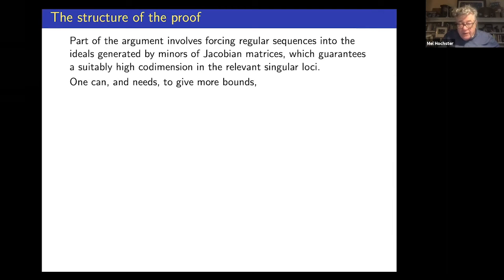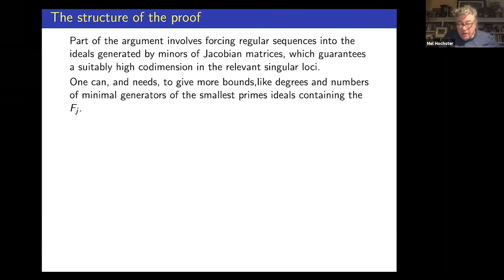And you can and need to give more bounds, like the degrees and numbers of minimal generators of the smallest primes containing your regular sequence, or some family of polynomials, whether it's regular or not. And you can do that by pushing them into a smaller polynomial ring generated by a very good regular sequence, where primes expand to primes.